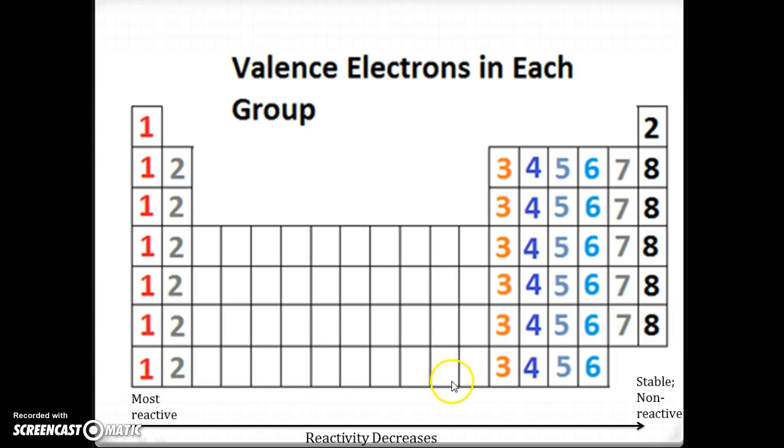As we move to the right, the reactivity decreases or the atoms become less reactive. The most stable atoms are in the last group, group 18. They are non-reactive and they all, with the exception of helium, have 8 valence electrons.